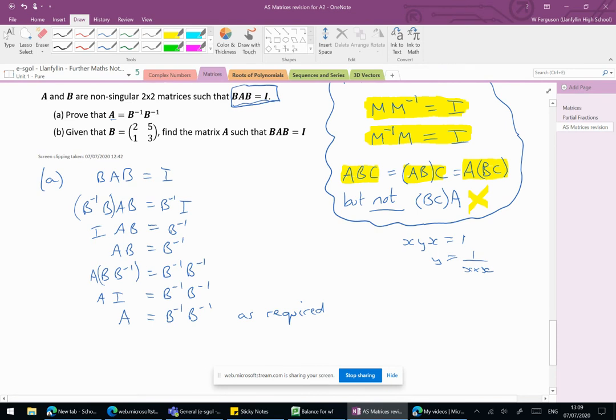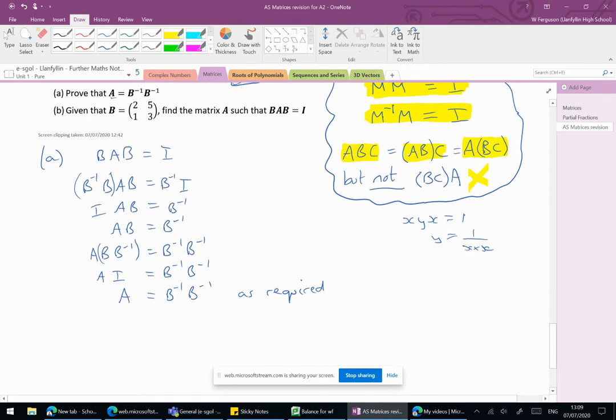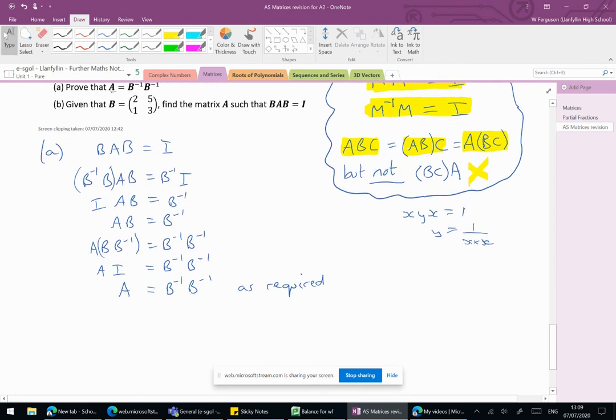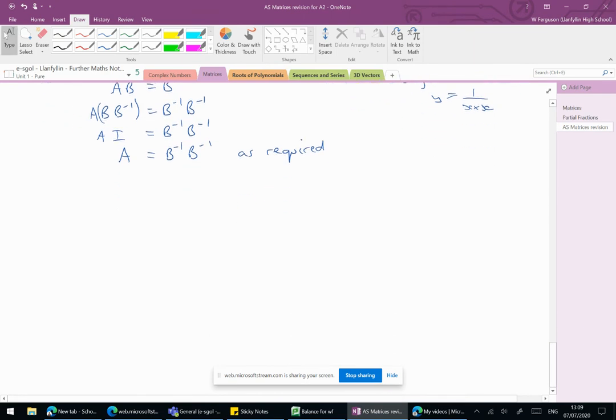So part B, we're given values for the entries in the matrix B, and we've got to work out what the matrix A is. So 2, 5, 1, 3.